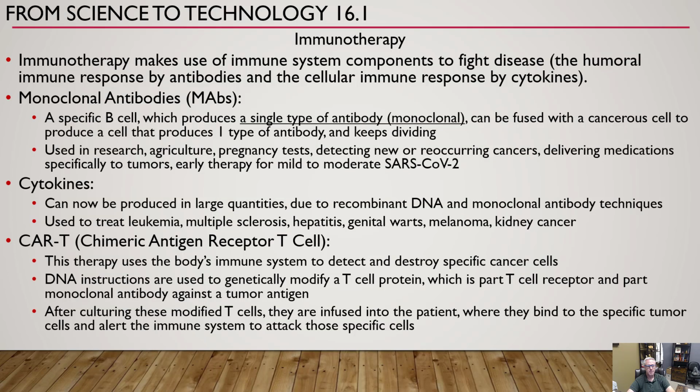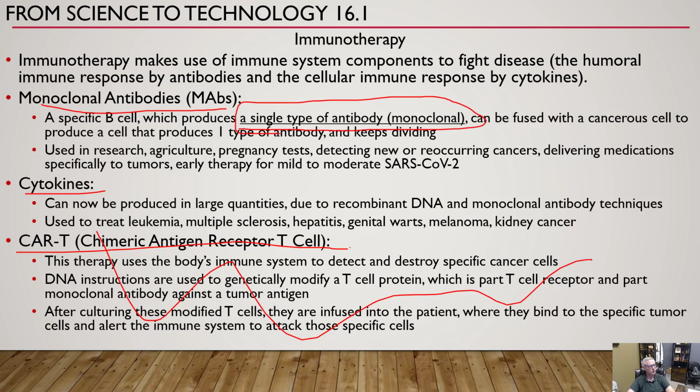So immunotherapy. We're not going to go into immunotherapy. We've already talked about what cytokines are. We're not going to talk about monoclonal antibodies, except for mono means one. So a monoclonal antibody is a single type of antibody.